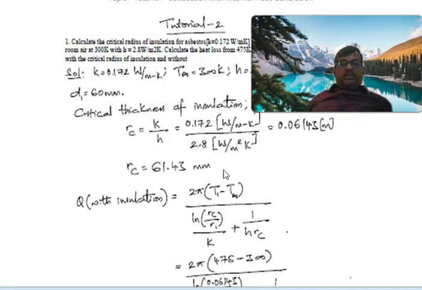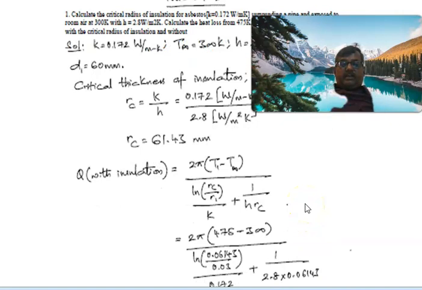So without insulation, they are asking for the heat loss without insulation. So Q equals 2 pi times (T1 minus T infinity) divided by [ln of Rc by R1 divided by k, plus 1 by h Rc], which is the formula already derived in the class and in the previous lecture.